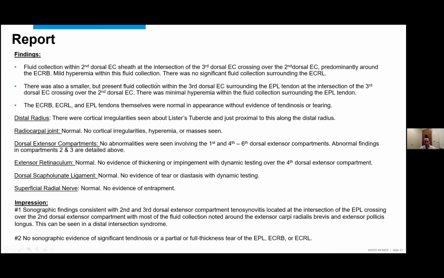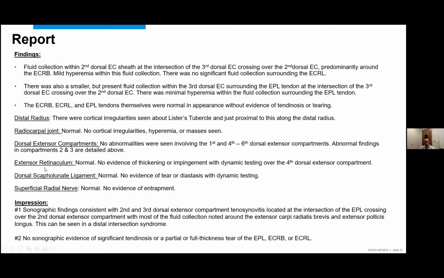That was predominantly around the ECRB with a mild hyperemia noted and no significant tendinosis and no real fluid in the ECRL. Similarly, there's that small fluid collection around the EPL tendon in that third extensor compartment at that intersection and just distal with minimal hyperemia. And the tendons themselves were normal in appearance without any evidence of tendinosis or tearing.